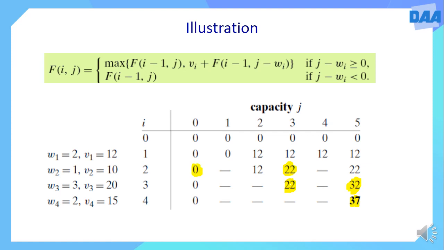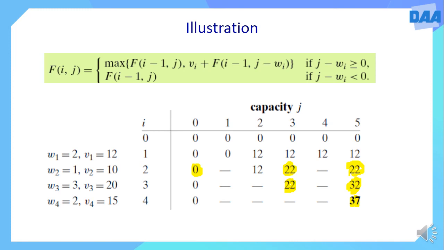Again, if you look at 32, f of 3 5 requires the computation of this location, that is f of 2 5, and f of 2 comma 5 minus 3, that is 2.